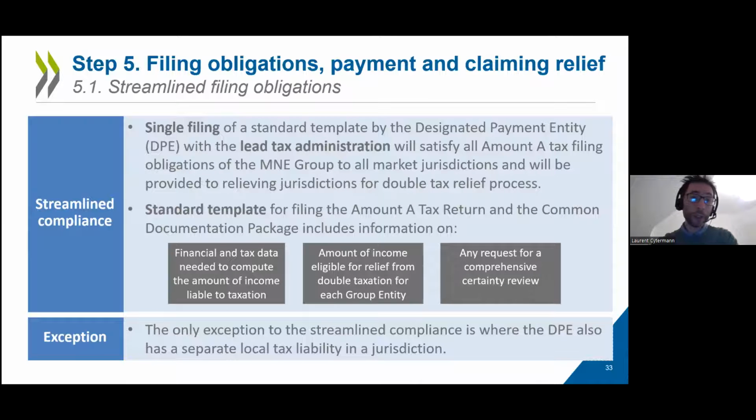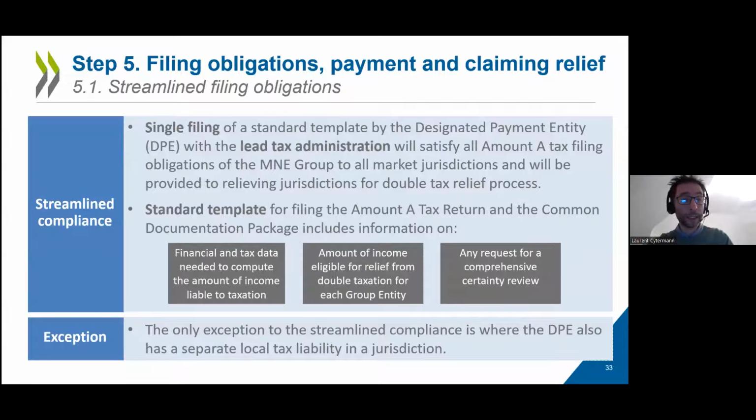So the only exception to streamlined compliance is where the company already has an income tax obligation in the market jurisdiction, and there is an interaction between the domestic CIT and Amount A when Amount A is not taxed as a separate levy.